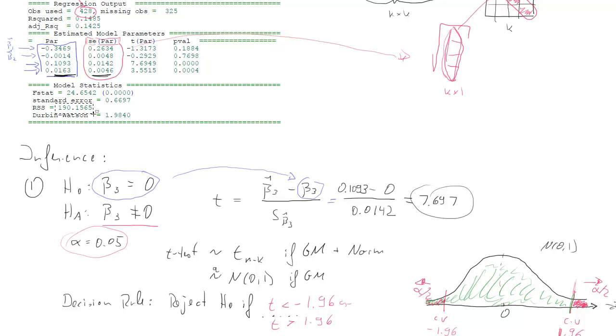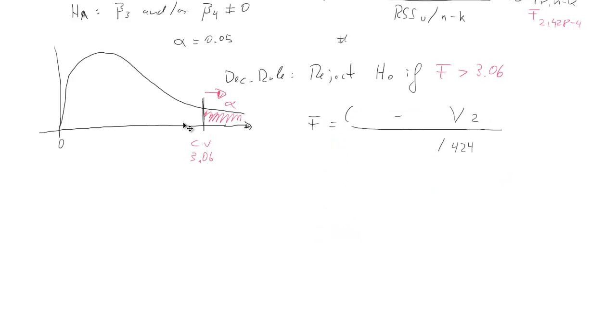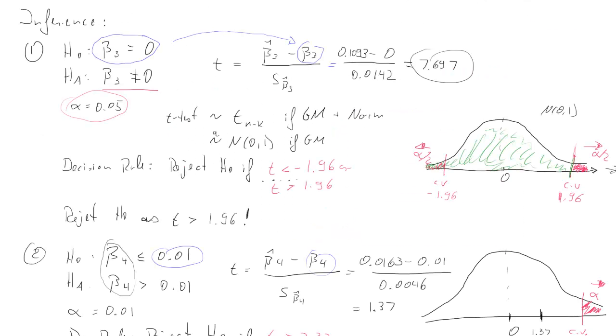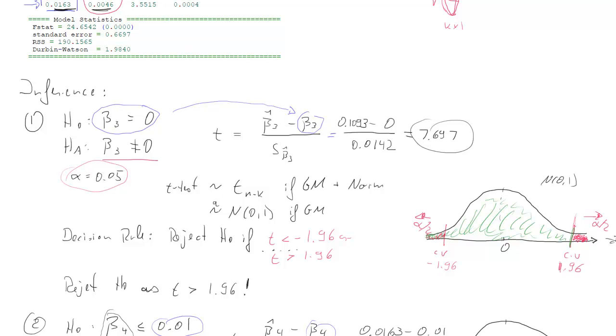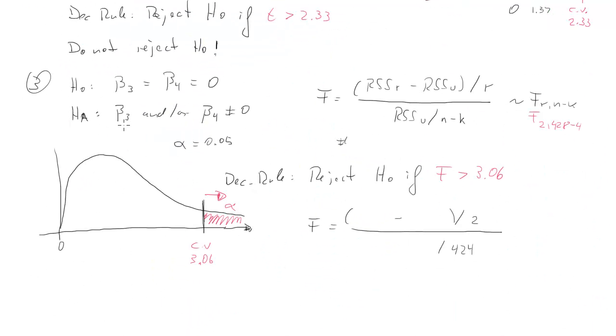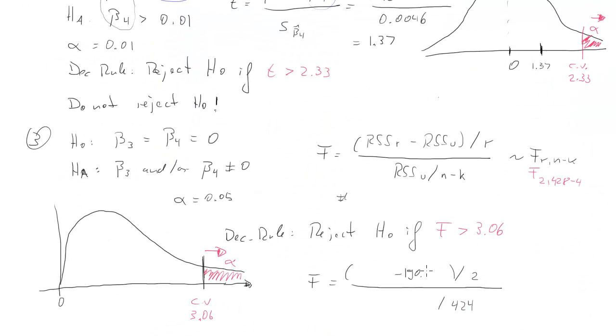The unrestricted residual sum of squares was 190.1565, and it appears down here as well.